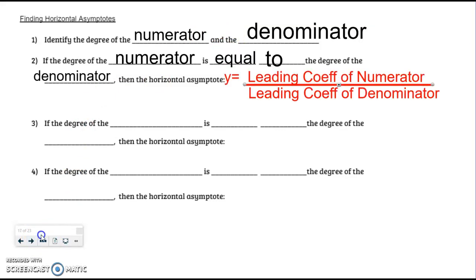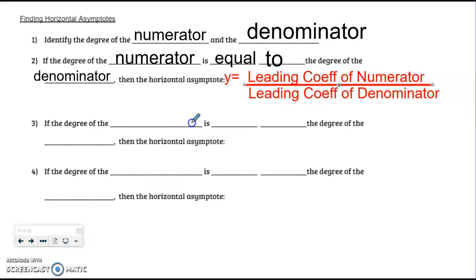So we could have one situation in which the degree of the numerator is equal to the degree of the denominator. Then my horizontal asymptote is going to be the leading coefficient of my numerator divided by the leading coefficient of my denominator.